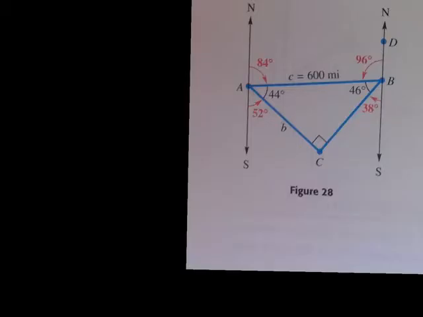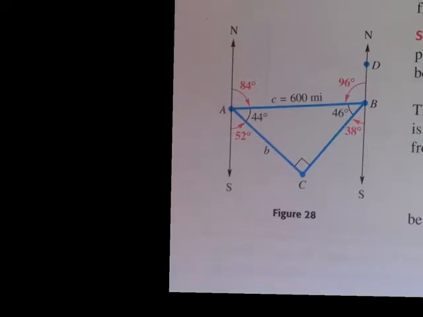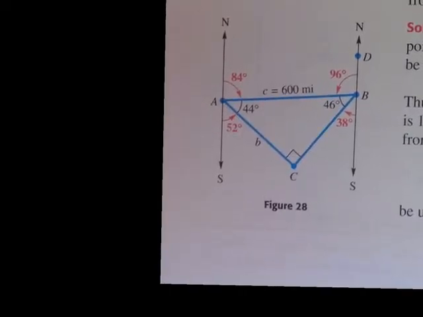It takes 2.5 hours to go from here to here. They want us to find the distance from A to C. So that's what we're going to look for, the distance from here to here.